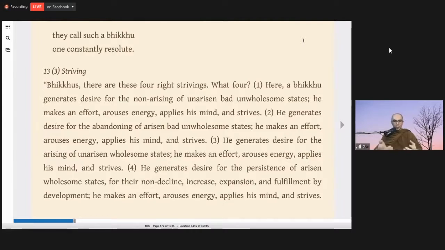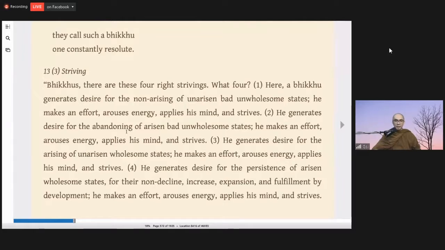It's where we can get it from the suttas. Bhikkhus, there are 4 right strivings. What are they? Here a bhikkhu generates desire for the non-arising of unarisen bad unwholesome states. He makes an effort, arouses energy, applies his mind, and strives. He generates desire for the abandoning of arisen unwholesome states.